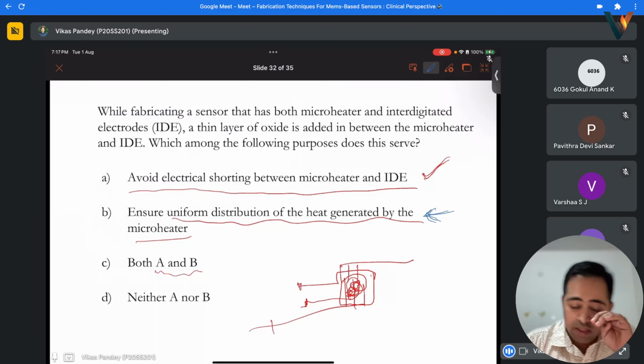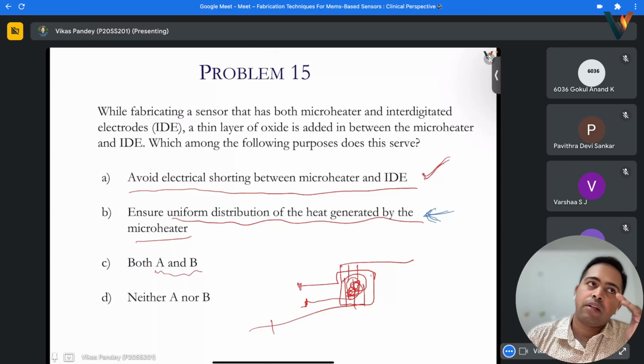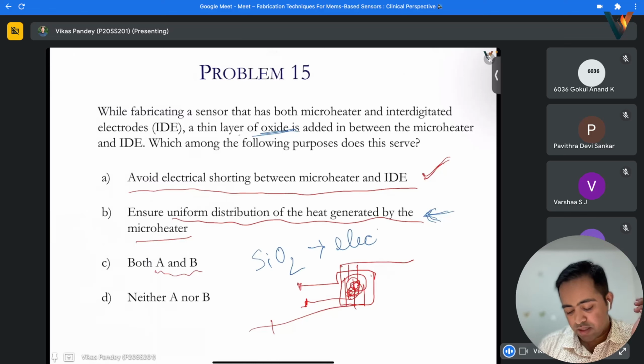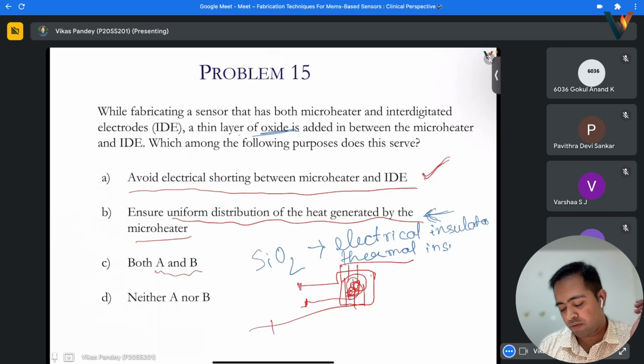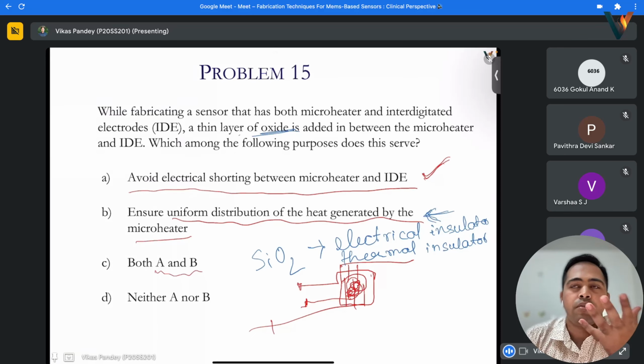See, silicon dioxide is an insulator. Okay. And SiO2 is an electrical insulator as well as a thermal insulator, to a bit. Okay, not much.